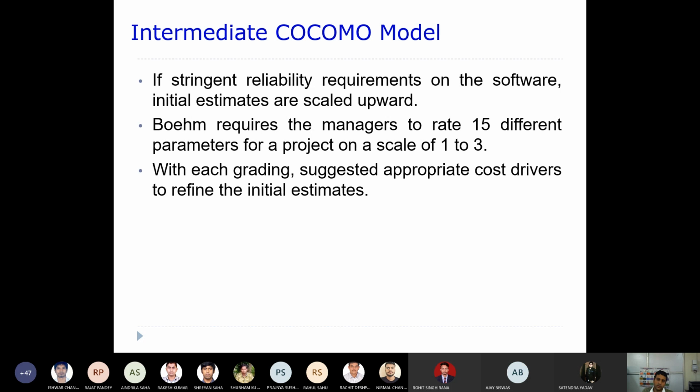If you want very low reliability, the value will be 1. Likewise, for all 15 cost drivers the project manager will rate a value between 1 and 3, with each grading suggesting appropriate cost drivers to refine the initial estimate. After grading, the cost drivers will be multiplied so that you get an appropriate cost.